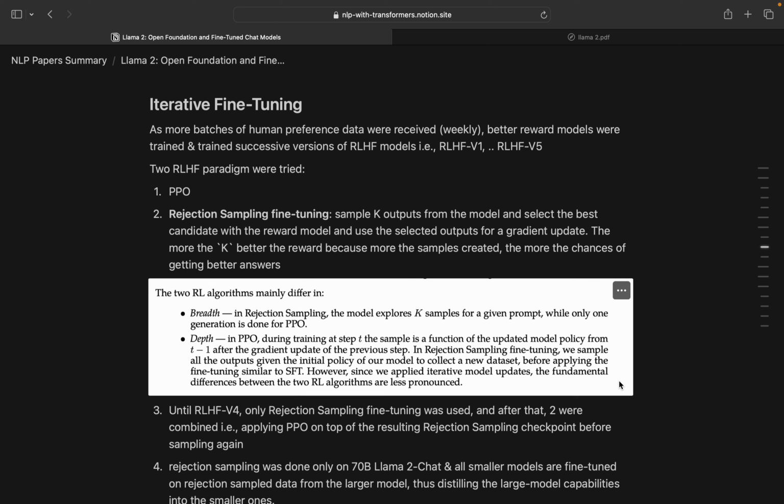So this is rejection sampling, and Meta also has used rejection sampling while training their models. But they have not used rejection sampling alone for all of the V1 to V5 versions of RLHF. We'll see how they have made use of PPO along with rejection sampling to train the RLHF models.